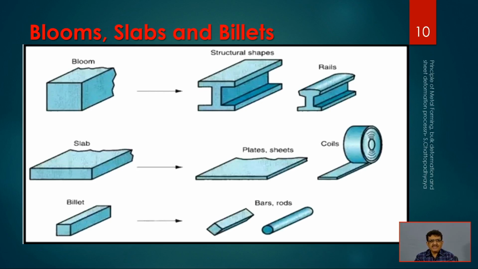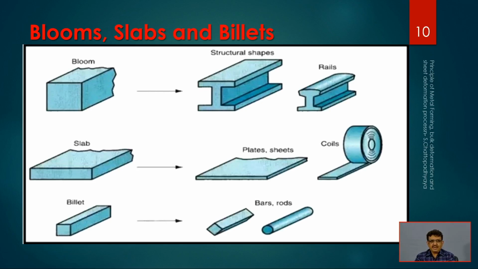The second one is slab, where the thickness is less than the bloom and the length is big. Thickness is small, and those slabs are squeezed into plates, sheets and coils.